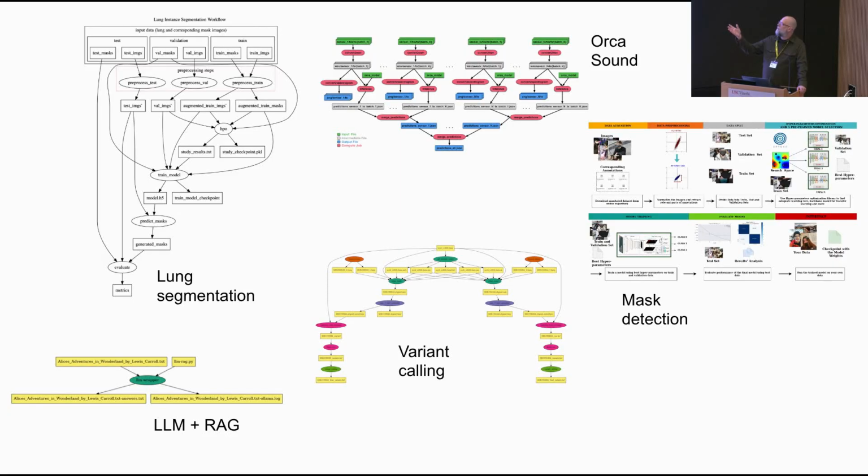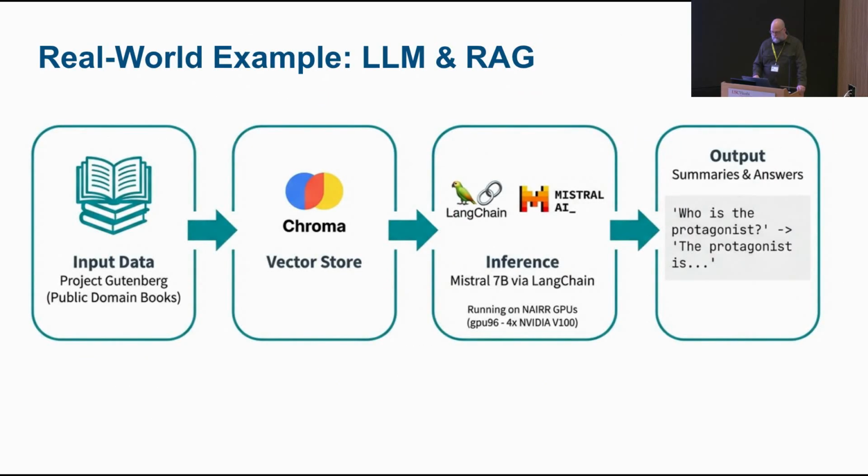So lung segmentation, ultrasound, and mask detection are all machine learning. And there's a variant calling, which is a very typical bioinformatics pipeline. And at the bottom, I have an LLM RAG, which is part of the tutorial. I don't think we'll have time to run that one, but it's one of the ones I'll point you to in a slide or two.